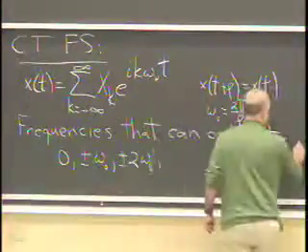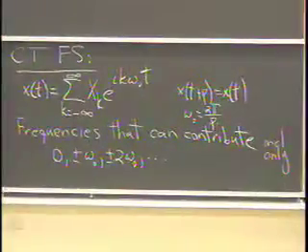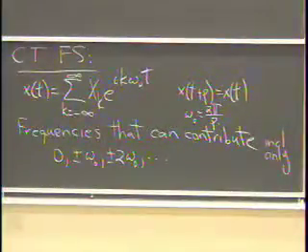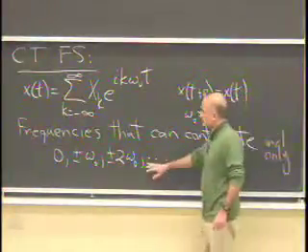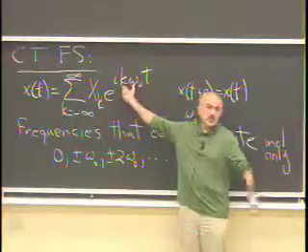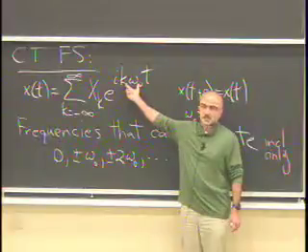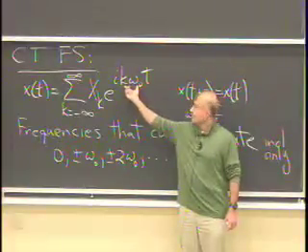There is no other frequency aside from this discrete countable set that can contribute to a periodic signal. And that's the counterintuitive part of this whole story that I mentioned last time, which got Fourier into trouble.